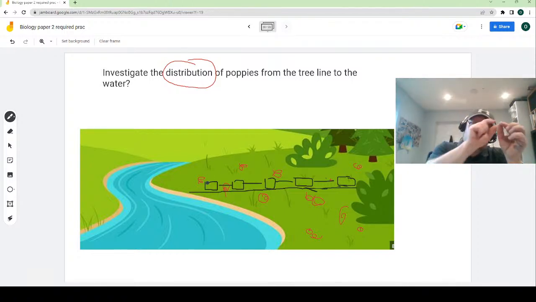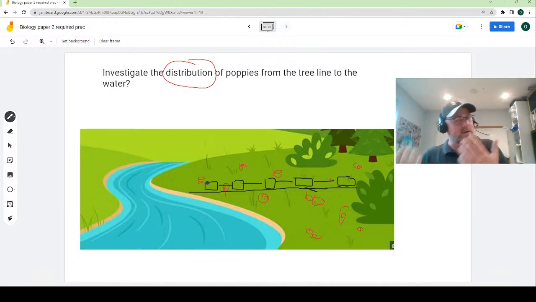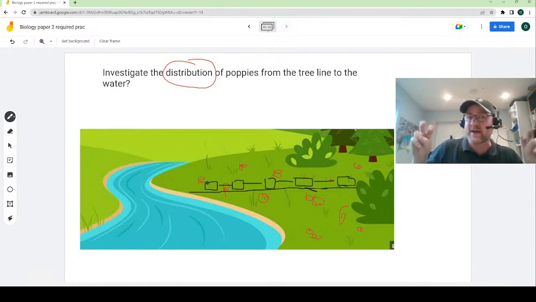And then we can plot a graph of distance to the lake and number of poppies, and see, does it increase as we get closer to the lake? And then we can talk about abiotic factors, like more water. The poppies need water for photosynthesis, so as we go closer to the lake, and we can give explanations.